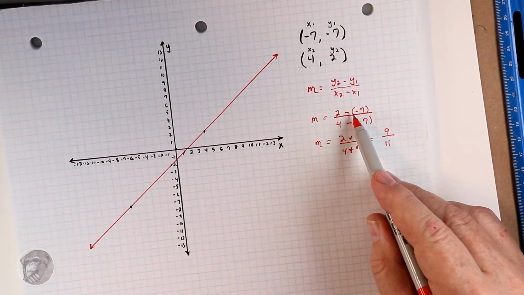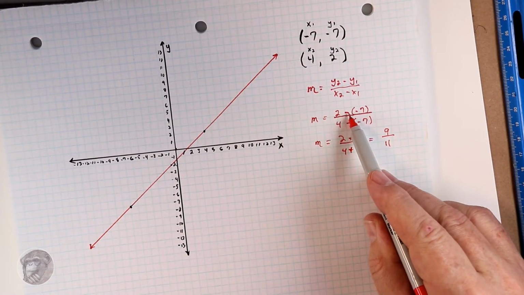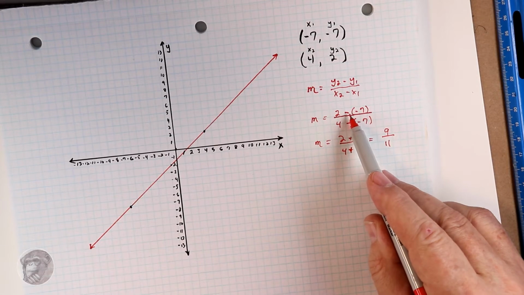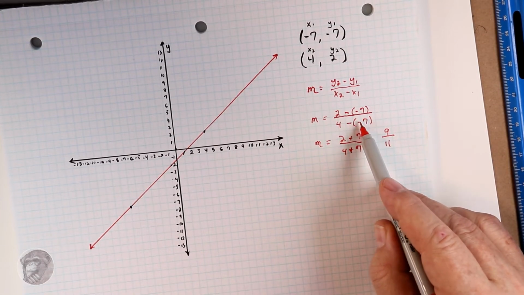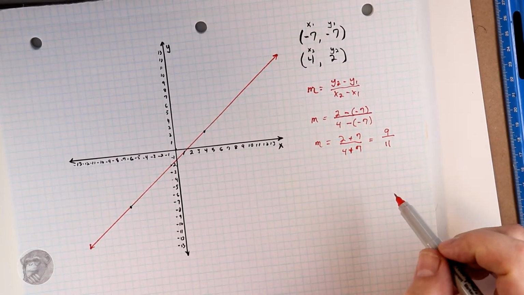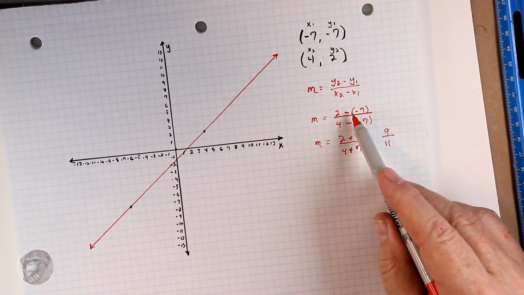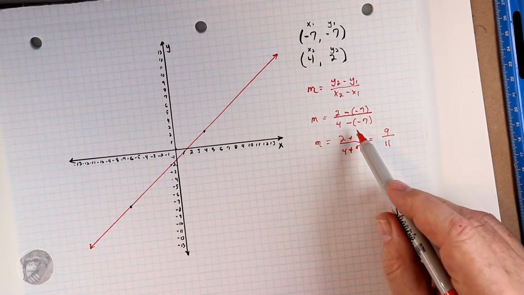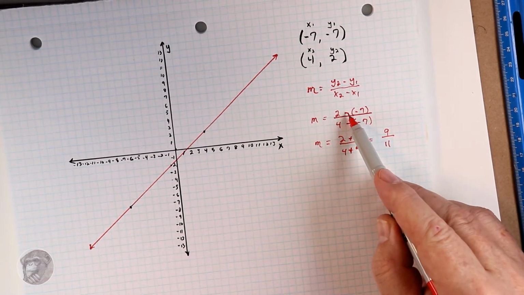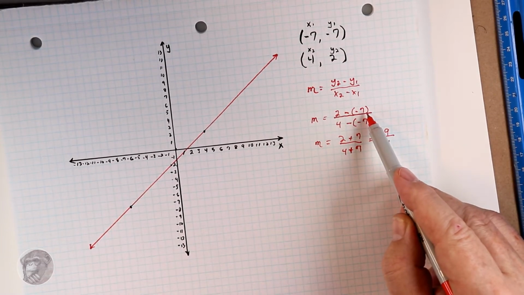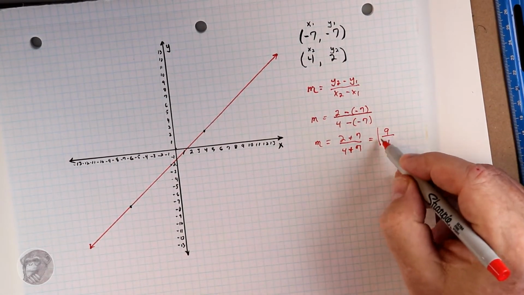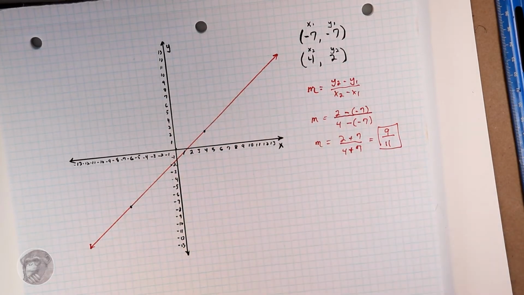The way you want to think about this, the negative flips the sign of whatever's in the parentheses. So this negative turns it into a positive, this negative turns it into a positive. This is stuff that you learned in your earlier math when you were dealing with negatives, but some of you guys keep forgetting how to do that. So again, if you see a negative in front of a bracketed negative number, just turn it into an addition problem. So here's our slope for this line here.